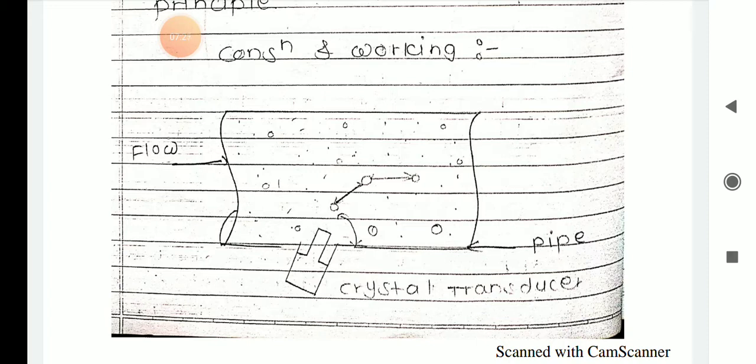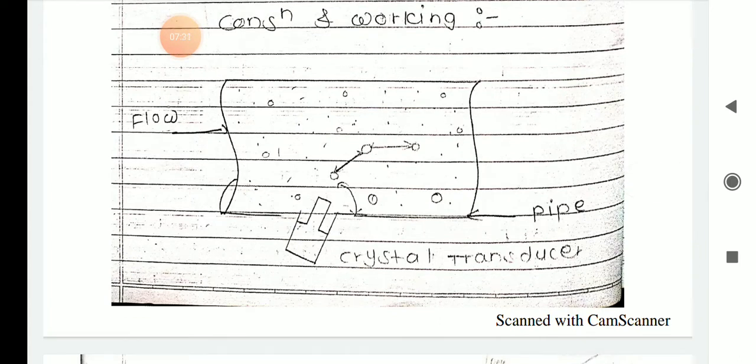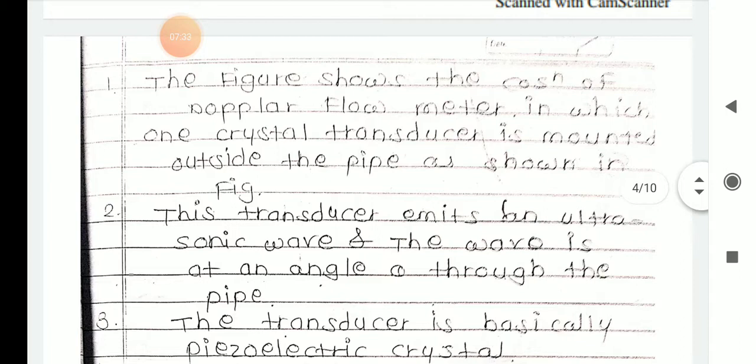Okay, so next, as shown in the diagram, the first point: the figure shows the construction of the Doppler flow meter, in which one crystal transducer is mounted outside the pipe as shown in the figure.